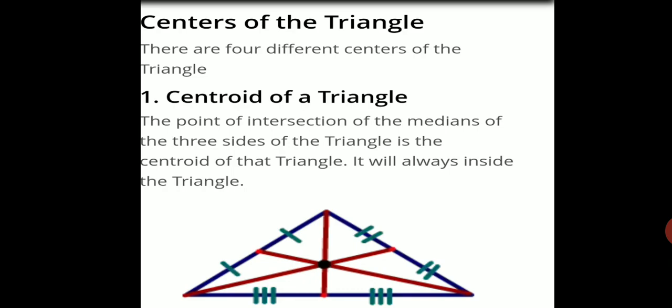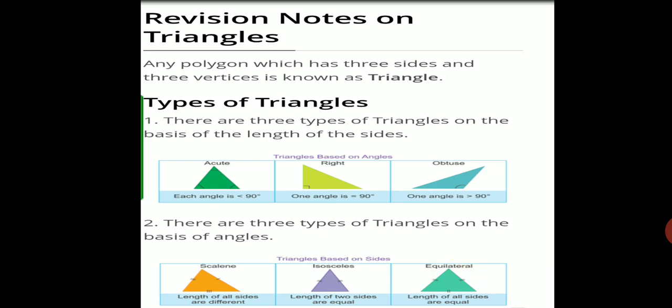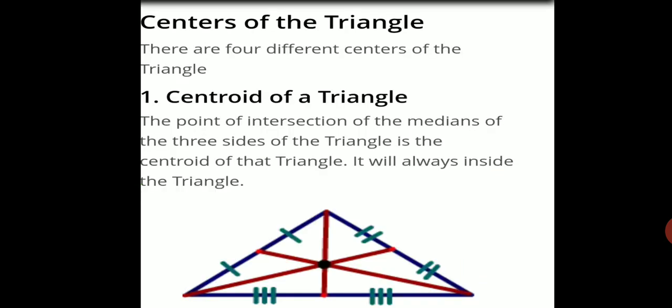The centroid of a triangle always lies inside the triangle. As you can see in the figure, this is a triangle, and this one is one of the medians, this one is another median, and this one is another median. So we have drawn all 3 medians, and these 3 medians intersect at this point.